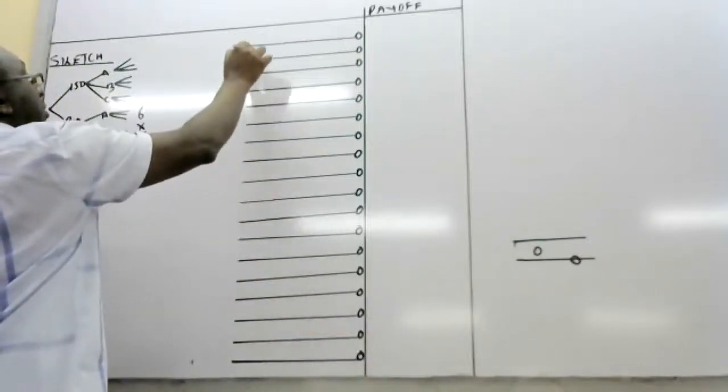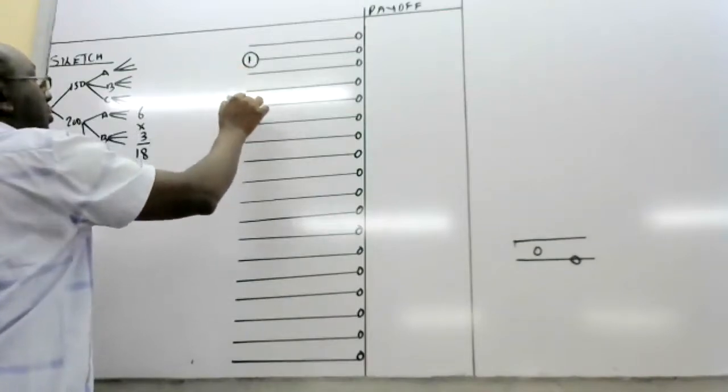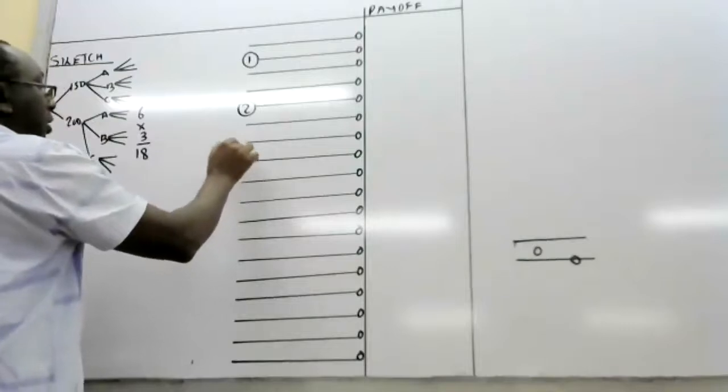So this one is labeled number 1. This is number 2. This is number 3.